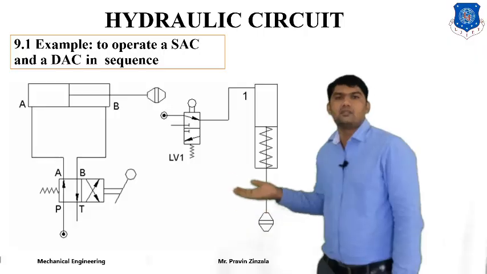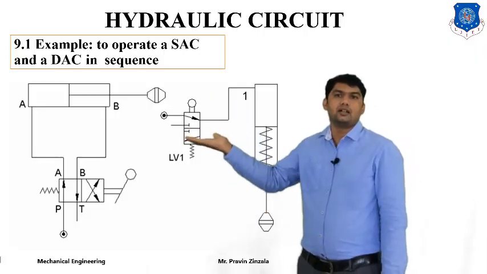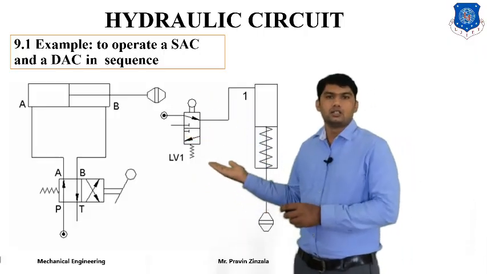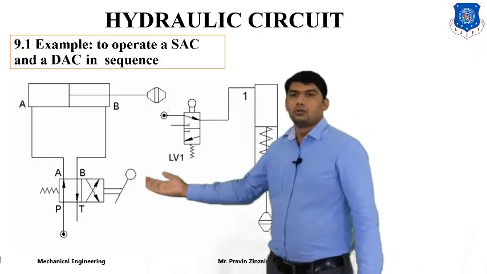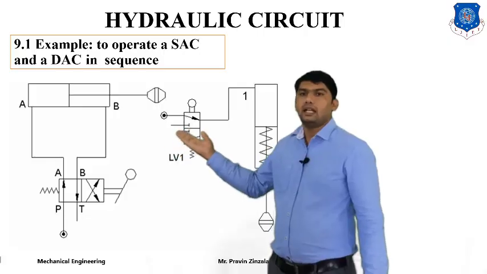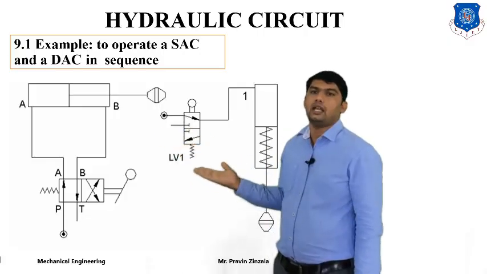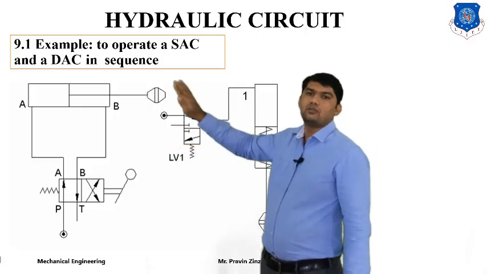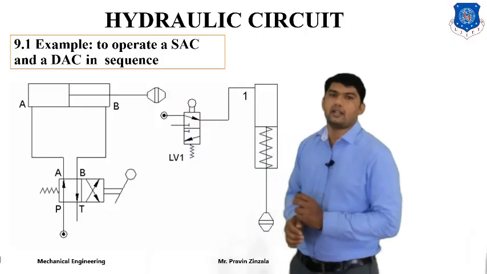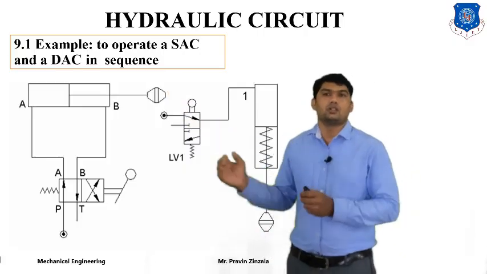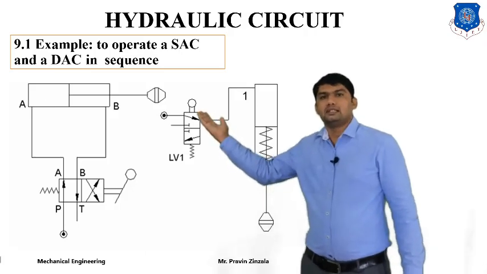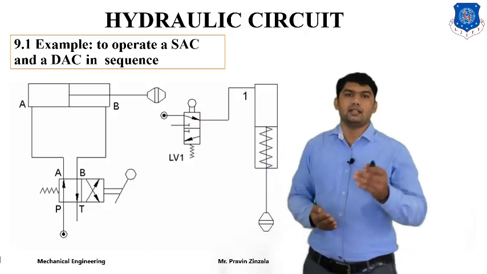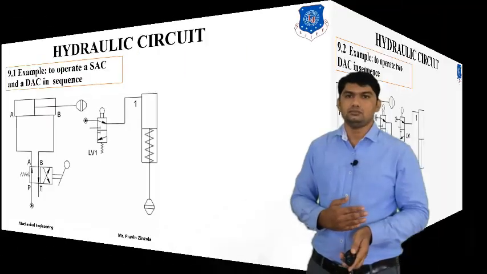So this cylinder comes automatically to the retraction position due to the spring mechanism. And in the second position, P will be connected to B and A will be connected to the tank. So the double acting cylinder will start to retract. So by utilizing a limiting valve, we can operate the single acting and double acting cylinder in sequence.